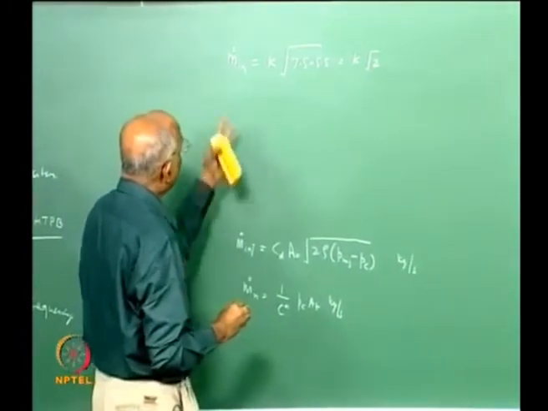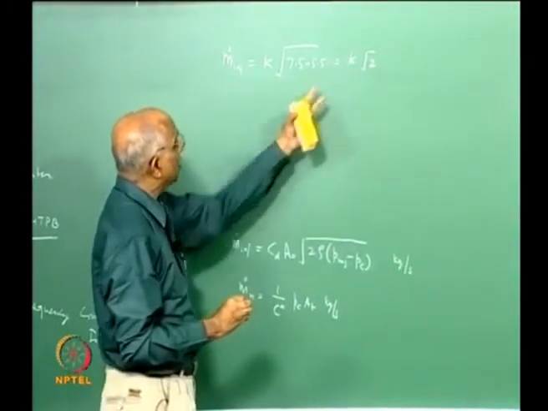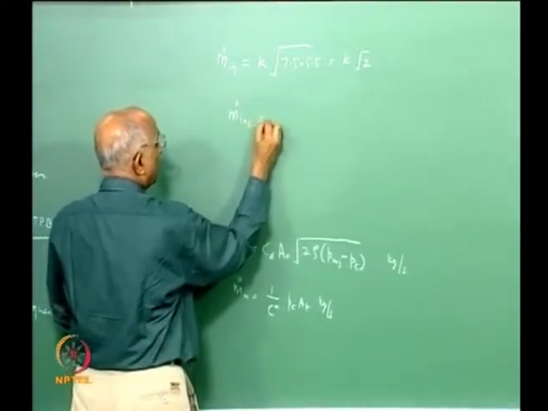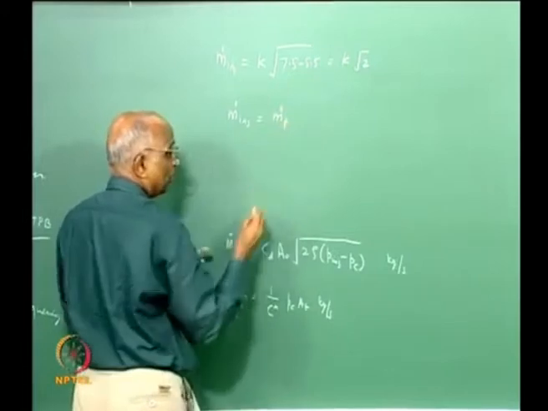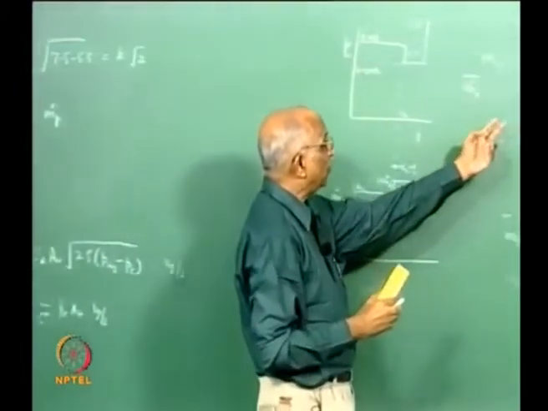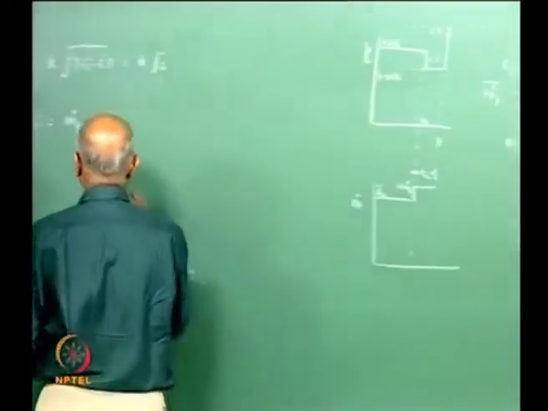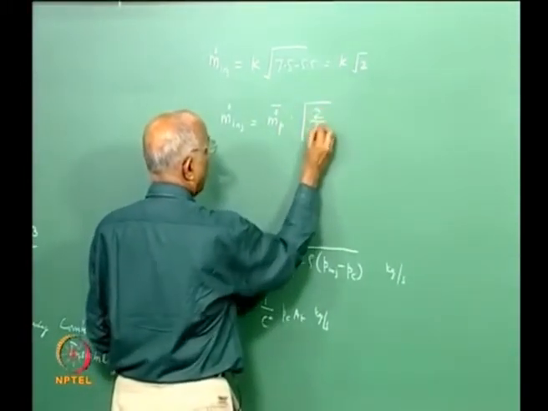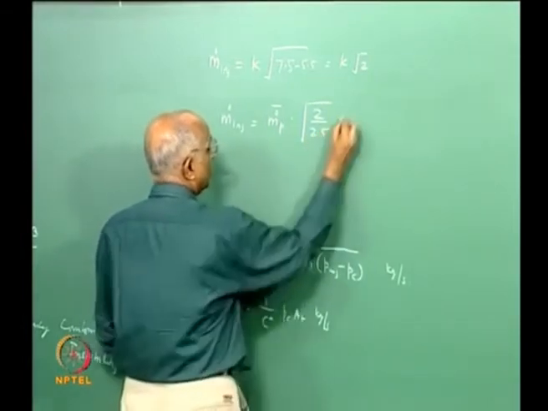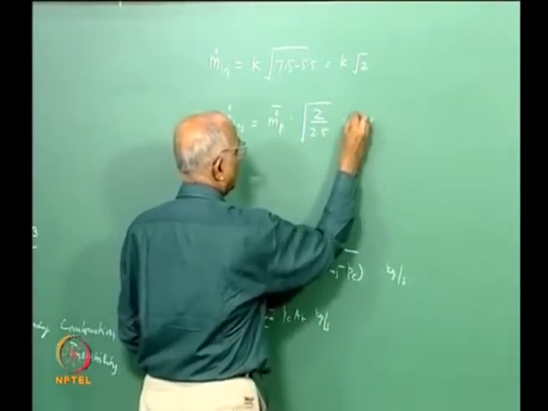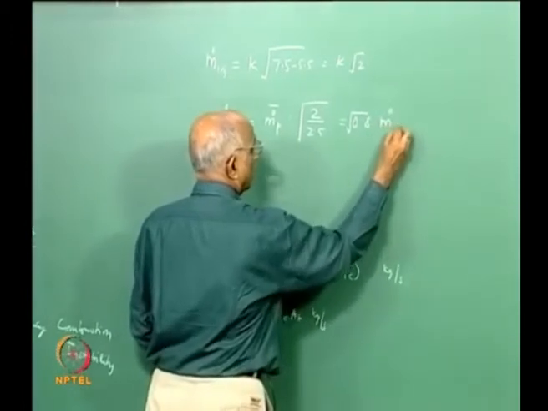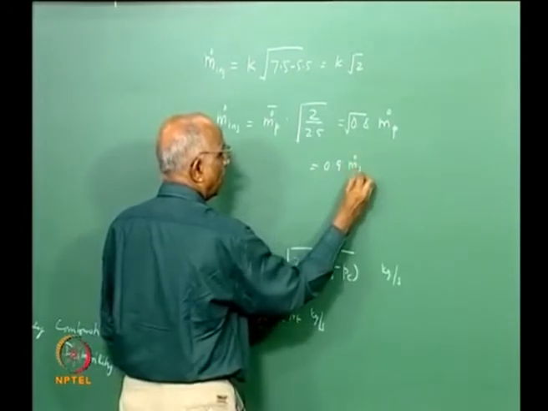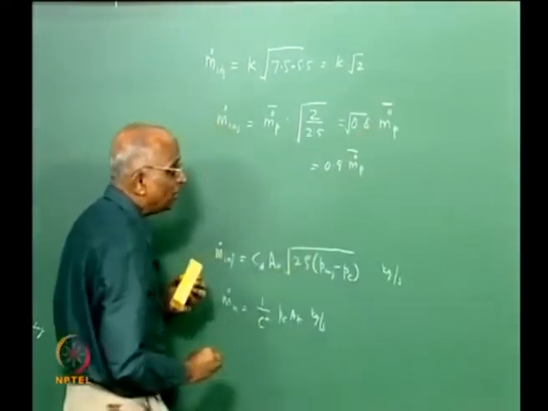In terms of the nominal value m dot p, based on the difference of 2.5, it is m dot p into root of 2 by 2.5, which is about 0.9 of the old nominal value m dot p.